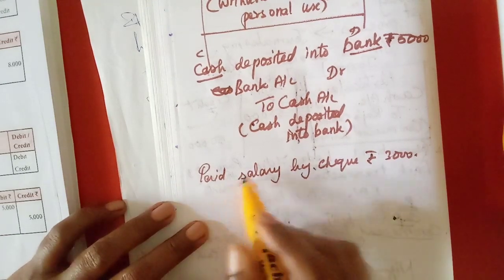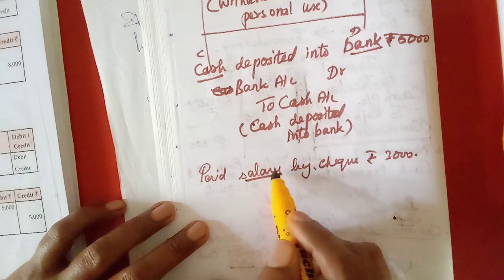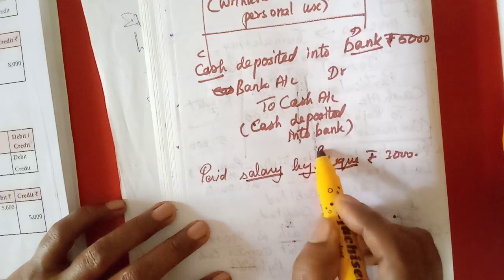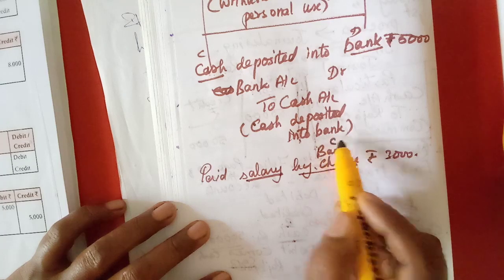Here one expense we are paying, that expense name is called salary. By check we are paying, isn't it? So it is connected to bank. So bank is giving, so credit the giver.